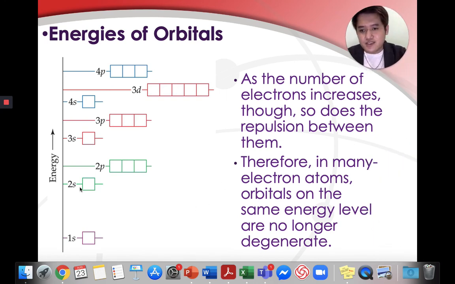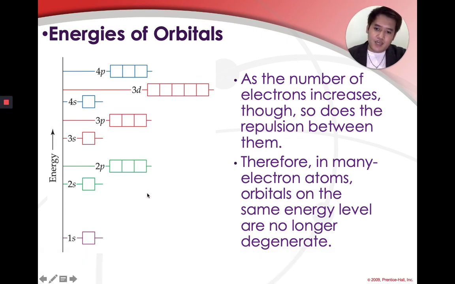Okay, so you noticed a while ago, 2s and 2p. However, because of the repulsion, those electrons belonging to 2p actually have higher energy than those in 2s. And this is the basis later on for the electron configuration, the Aufbau principle. There are differences in energy for the orbitals belonging to the same energy level.